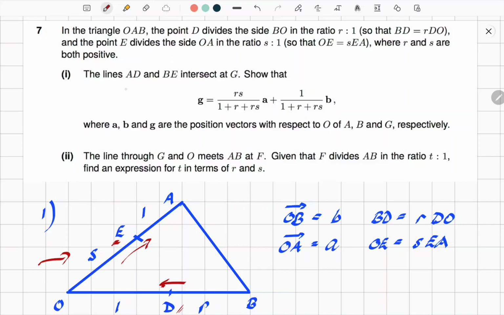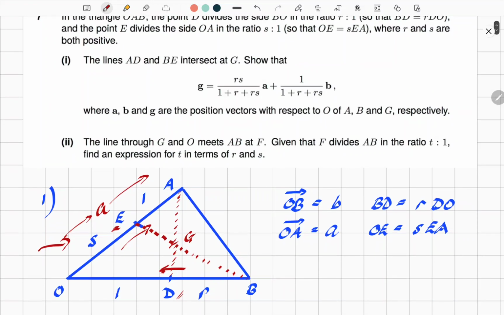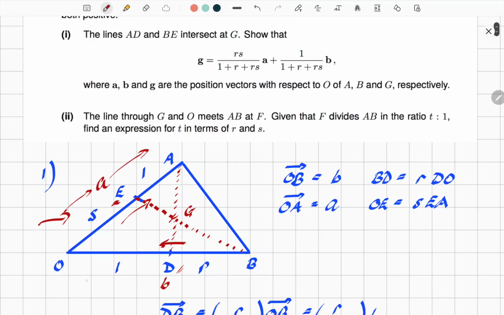The question is asking: the lines AD and BE intersect at a point G. They want us to show the position of G as being this rather nasty looking algebraic expression in terms of A and B, where OA is A, and B is your position vector relative to O, and G is the position vector.